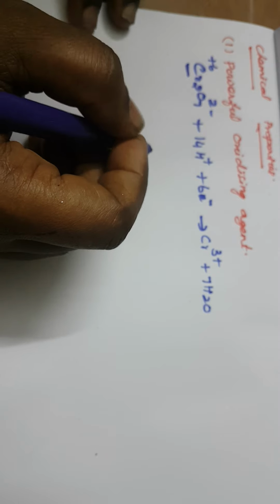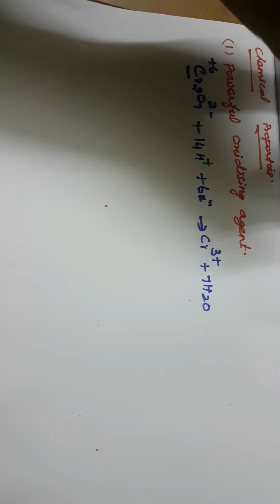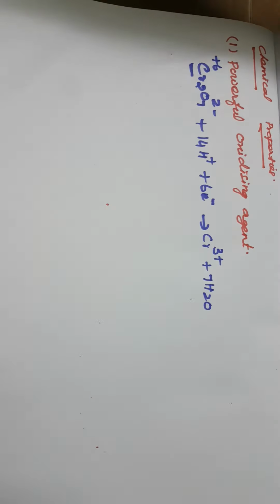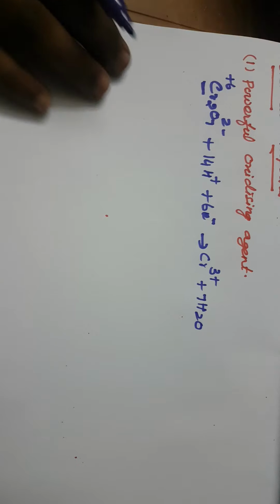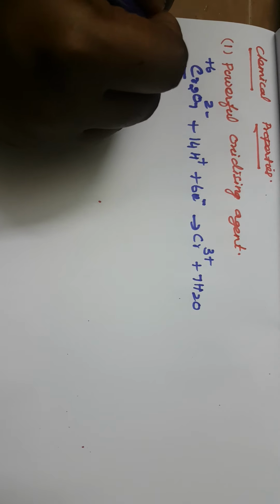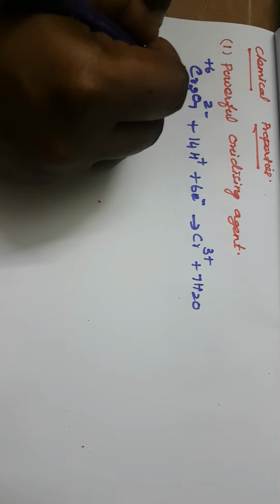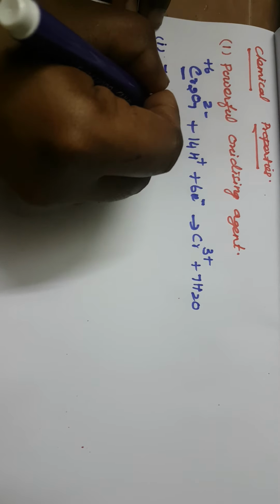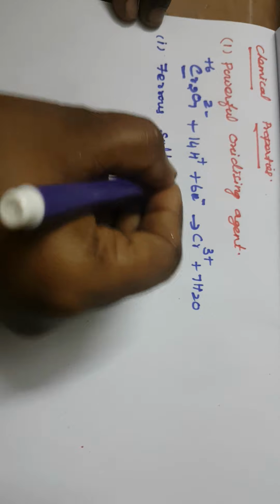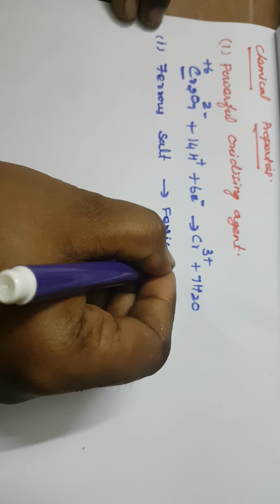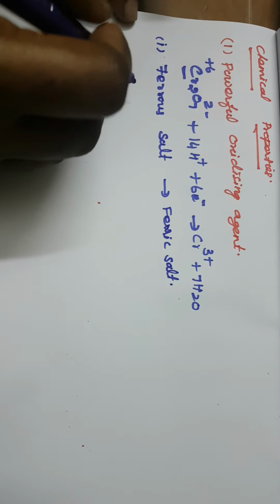This is potassium dichromate in the following. So how can it be explained? There are so many oxidizing equations. First equation: ferrous salt to ferric salt. All equations are in ionic format only.